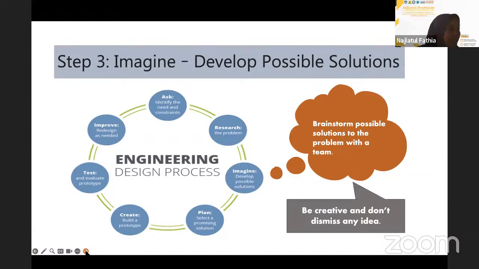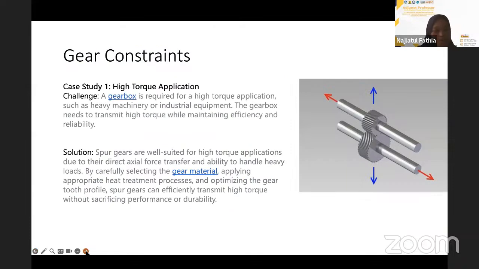Next. When we consider some possible brainstorm or some ideas or creativity to how we could solve issues of high torque in a gearbox, the possible solution is using a spur gear, because they are well suited for high torque applications due to their direct axial force transfer and their ability to handle very heavy loads.